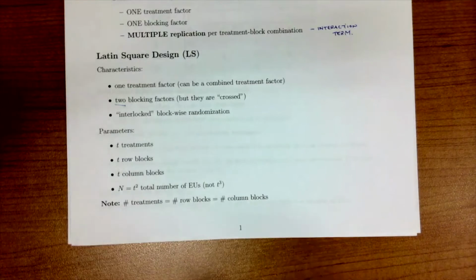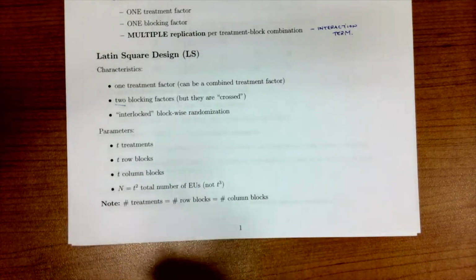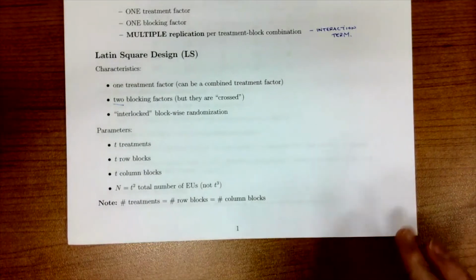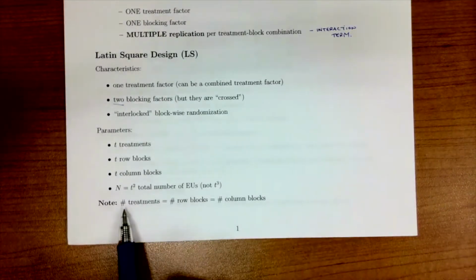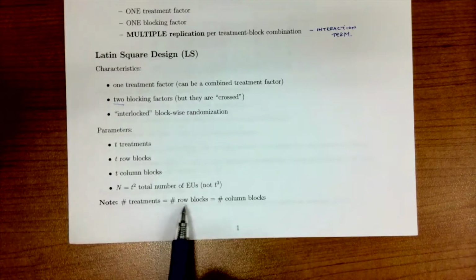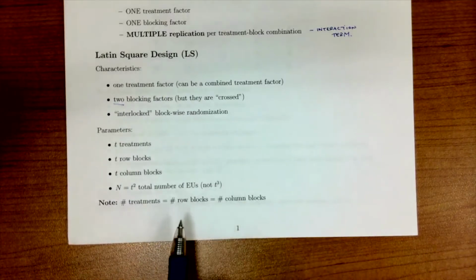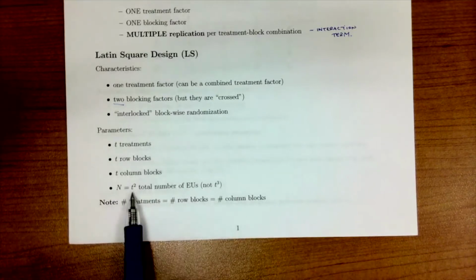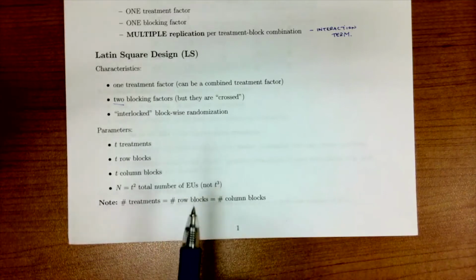The terms row and column are kind of arbitrary, and that will make sense as we get to the example. Note that we have this restriction of T treatments, T row blocks, and T column blocks. This is what makes our total number of EUs T squared and not T cubed. Okay.